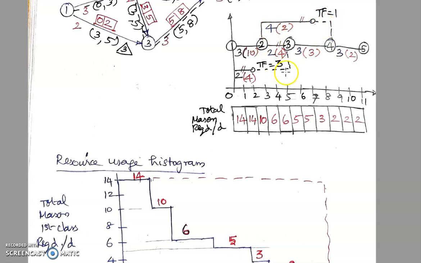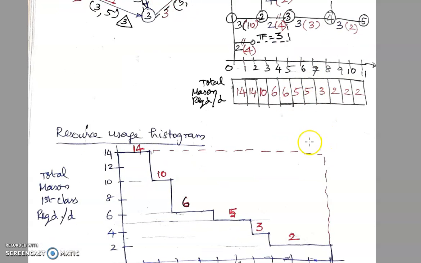That means they will also become critical, because they will consume their total float. Let us see what is happening to the resource usage profile.